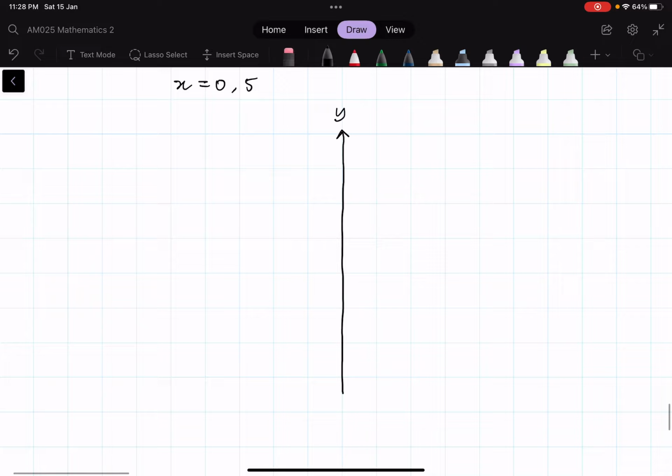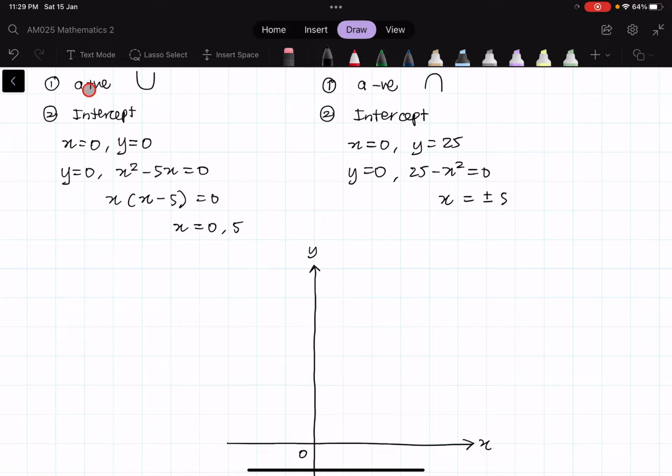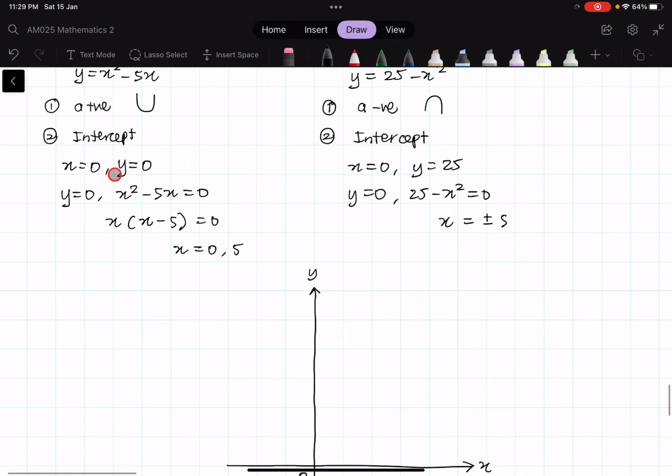Now let us sketch our graph. The y-axis, the x-axis, the origin. So let's take a look at the first curve. We're going to get a smile graph. The graph must cross the origin.